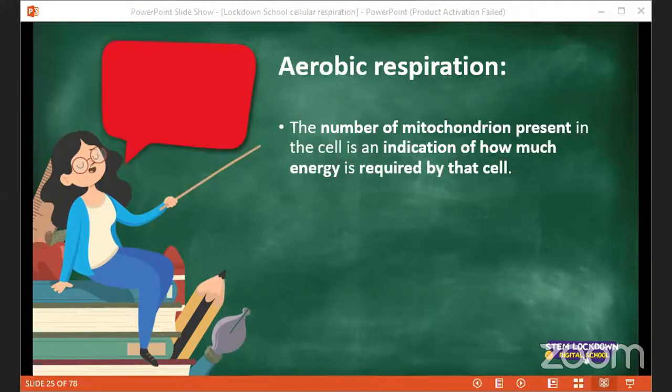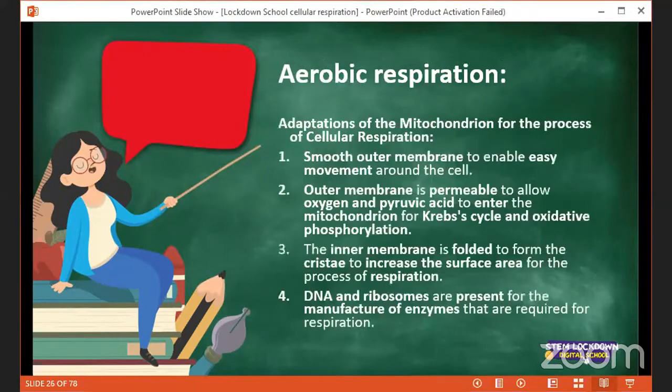Right. So now, how is the mitochondria adapted for the process of cellular respiration to take place? We have a smooth outline around the cell. We have the outer membrane, which is permeable to allow oxygen and pyruvic acid to enter the mitochondrion for the Krebs cycle and oxidative phosphorylation.